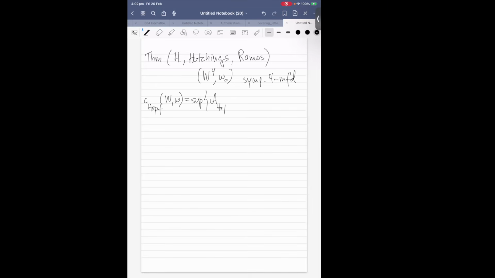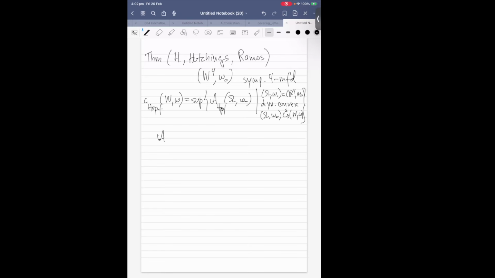I'm going to tell what that is. A Hopf of omega 0, where omega 0 sits inside R4, is a dynamically convex, star-shaped domain, and symplectically embeds into W, omega, okay?